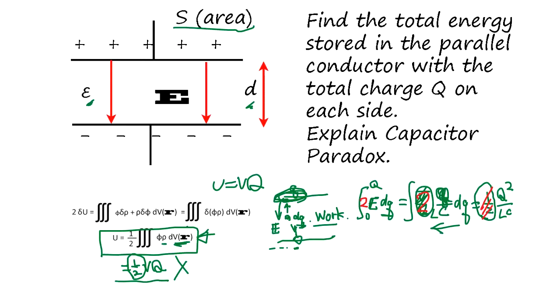The real energy stored in this capacitor should be this one, not this one. A lot of people on the internet say this is the answer. That's wrong, because that's only for one side. You have 2 sides for the capacitance, so you have to double the amount. So actually this is the answer.